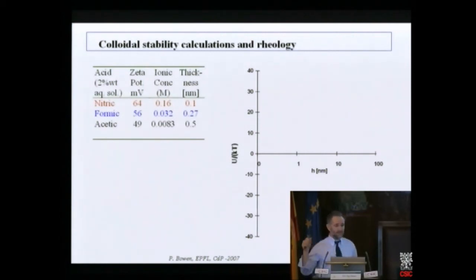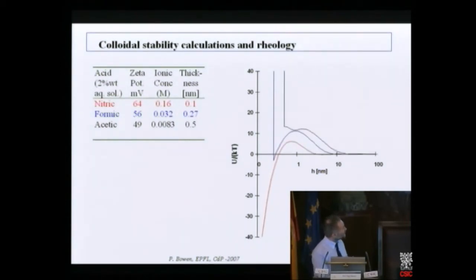If these are adsorbed as a simple extended molecule, this is the size we'd expect for our adsorbed layer thickness. So if we do nitric acid, what we end up with is only a 5 kT barrier, and there's a deep primary minimum, so we wouldn't expect stability. With the formic acid, we close this deep minimum with our steric barrier, but we still have a small minimum.